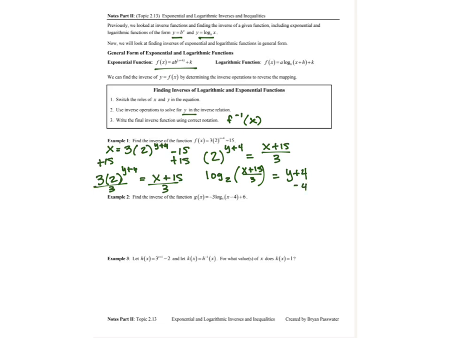Subtract 4. So if we're writing this in all of its glory, we're going to have y equals log base 2 of x plus 15 all over 3 minus 4. And they want you to put it in inverse notation. So instead of saying y, you're going to say f inverse of x equals that stuff.